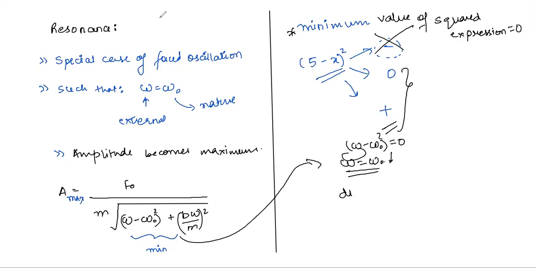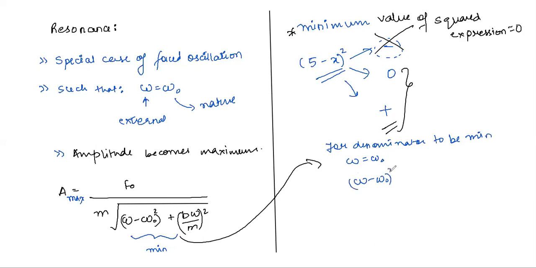I'll repeat, class: for the denominator to become minimum, omega must be equal to omega naught. Therefore, omega minus omega naught whole square will become 0, and the denominator will now be minimum.